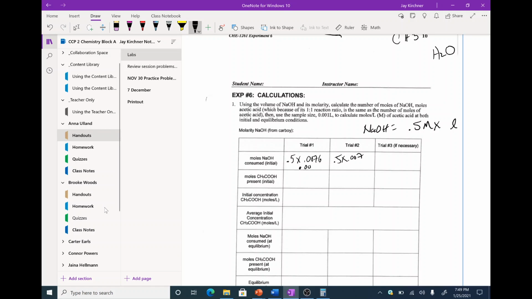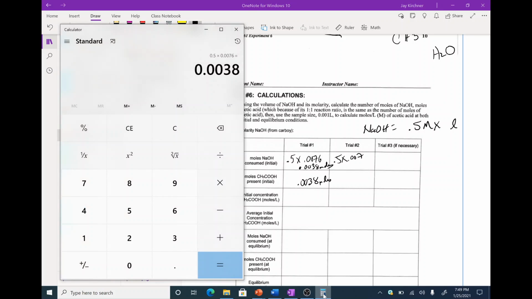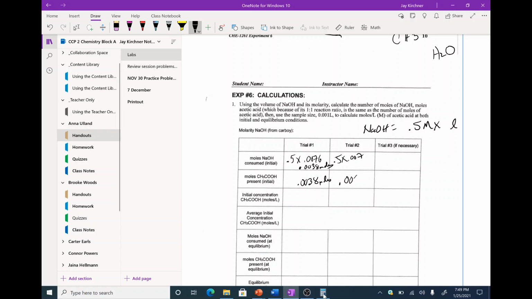So I'll put 0.0038 moles. That means we had 0.0038 moles in our titration. Then 0.5 times 0.007 equals 0.0035 moles.